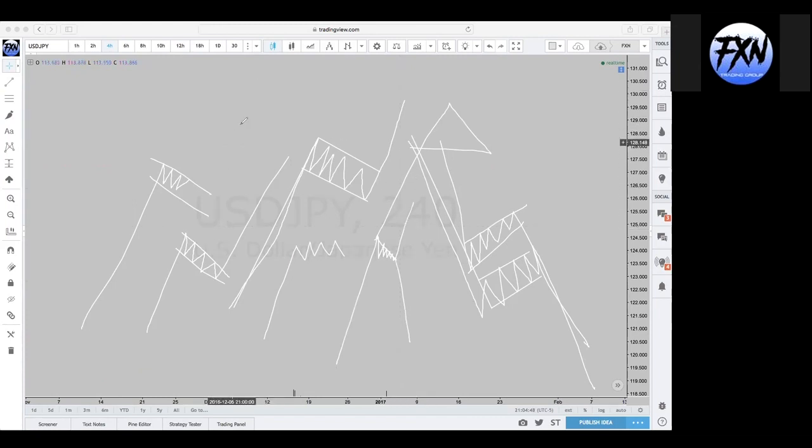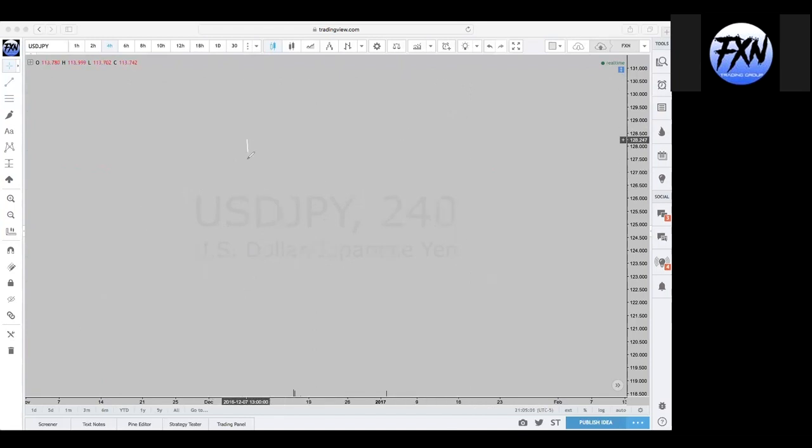The consolidation part of it is different. So it's not just consolidating evenly down like this, right, to break either up or down. It's consolidating in a way where it creates a wedge. So it gets smaller, smaller, smaller, until it finally breaks out somewhere, either up or down. But essentially you can draw these triangles on it, and that creates your wedge.